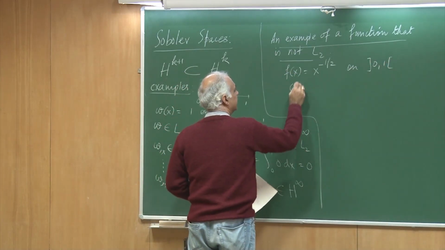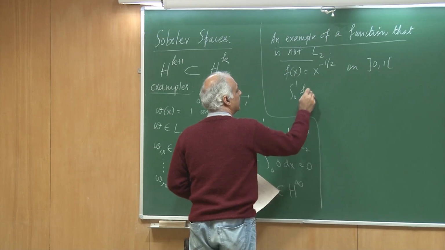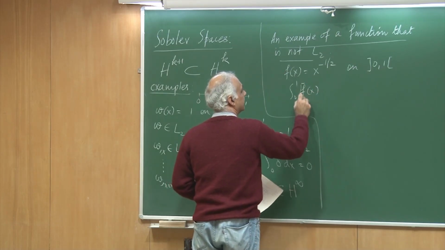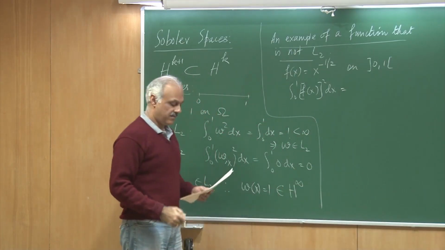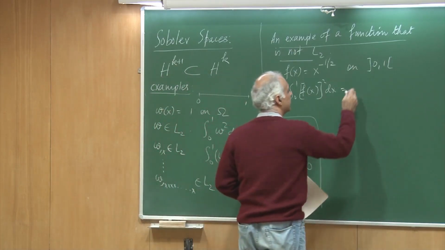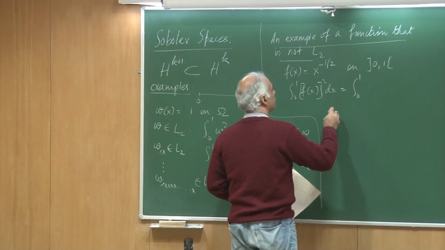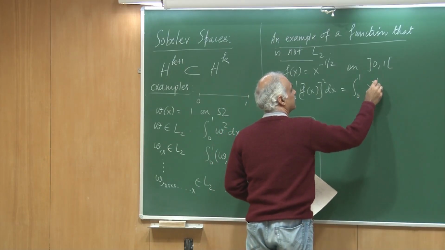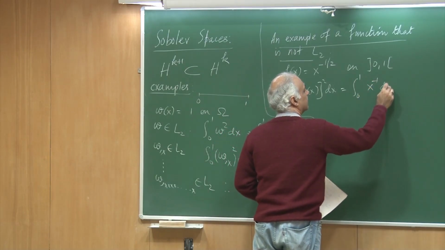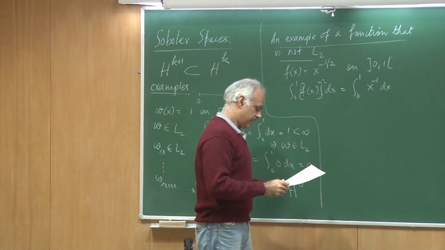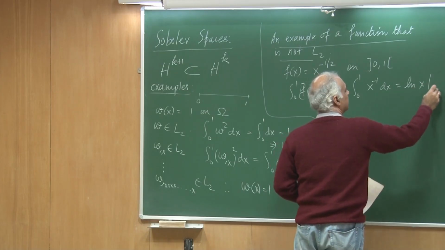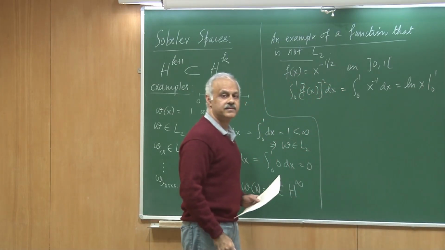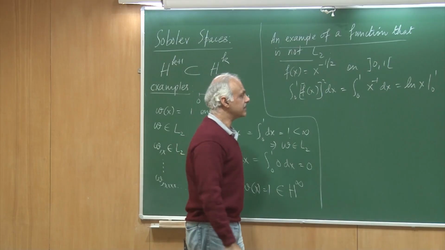Let's do this integral from 0 to 1 of f of x whole squared dx, and this turns out to be the integral from 0 to 1 of x raised to minus 1 dx, and this is natural log of x between 0 and 1, and we have a problem here.